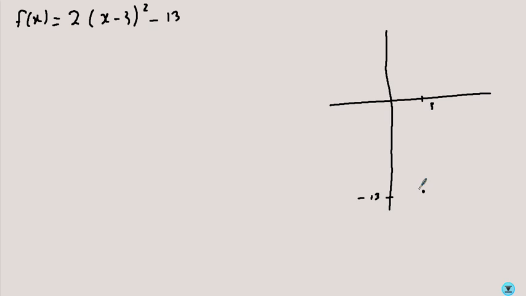And it was concave up. What's the y-intercept? F of 0 is 2 times negative 3 squared minus 13. This is 9, so this is 18 minus 13, and this is 5. So the y-intercept is somewhere here.